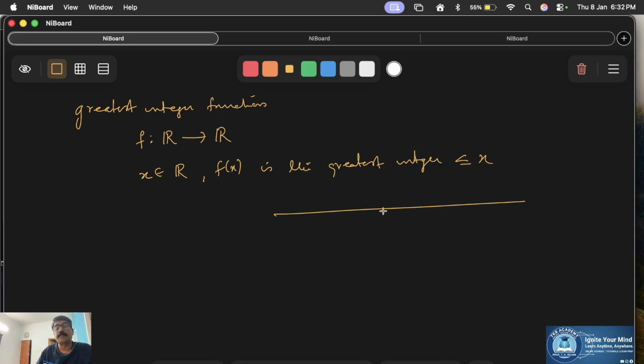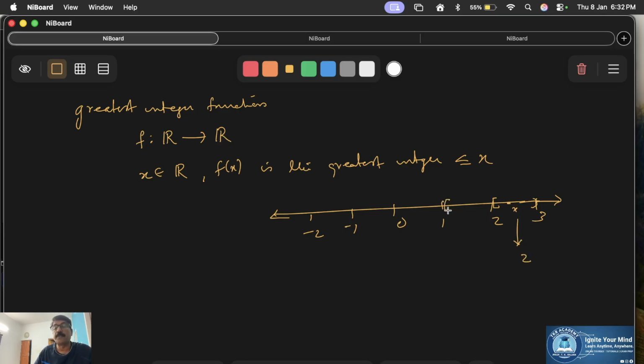For example, suppose this is the real line here. You take any x between 2 and 3, that is greater than or equal to 2 and less than 3, then its value is 2. f of x is 2.